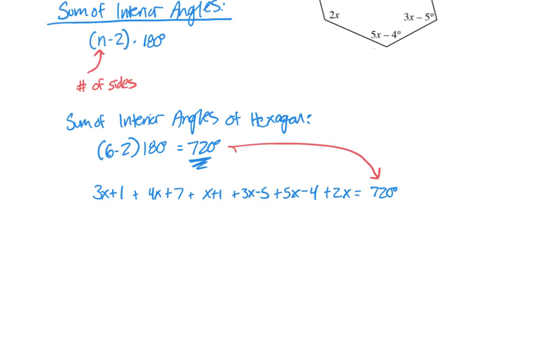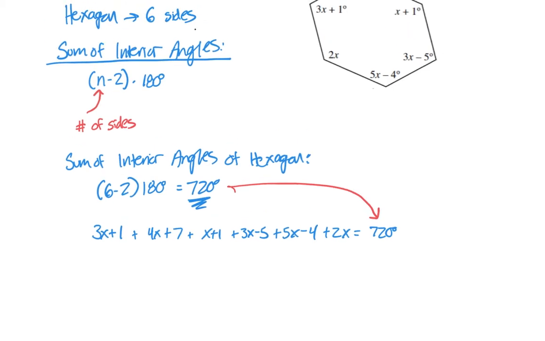So hopefully you're able to see what I did now as I added up all 6 of those angles from up above, set it equal to 720, and now what we're going to do is just combine like terms. So I'm going to add all the x's and all the things that don't have x's together. And that's going to turn out to be 18 x's, and then 1, 7, 1, negative 5, negative 4. Those actually all cancel out.